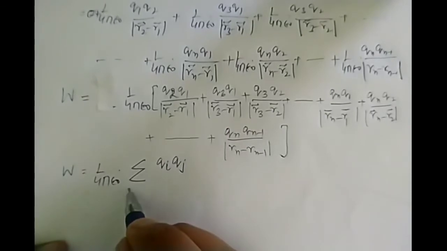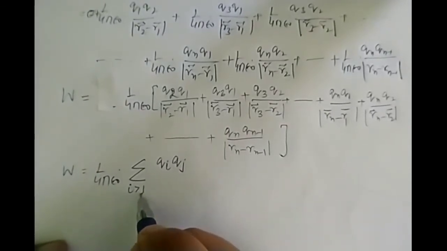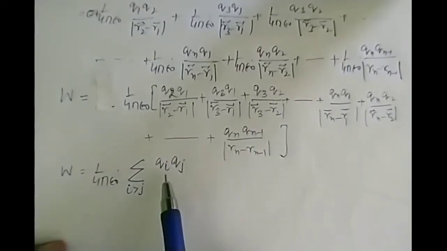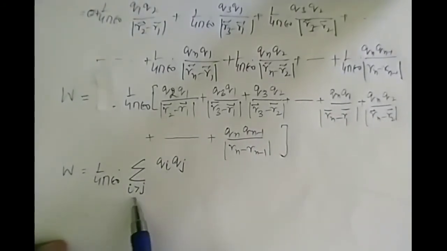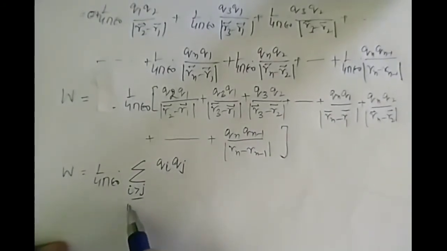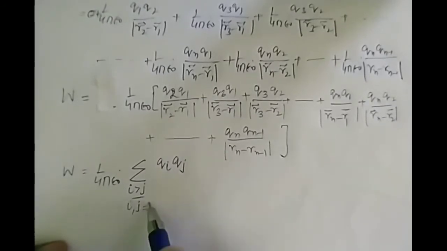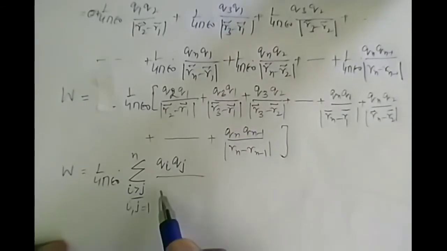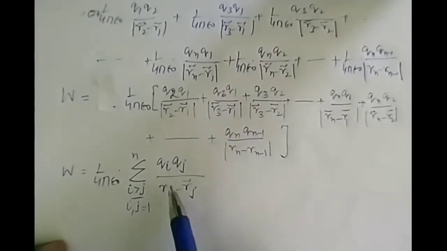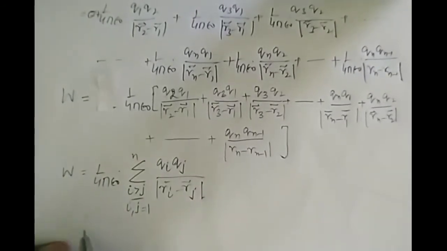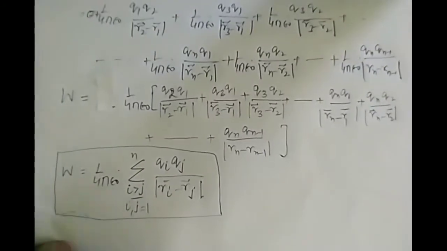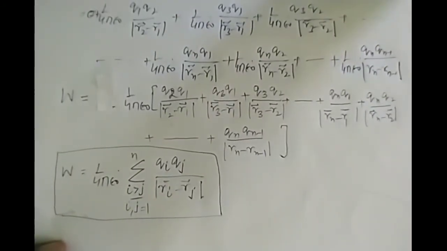From here you can see that i is always greater than j. The first index is always greater than the second, where i and j change from 1 to n, divided by |Ri minus Rj|. So this is your work done to bring n charge particles from infinity to the respective positions.